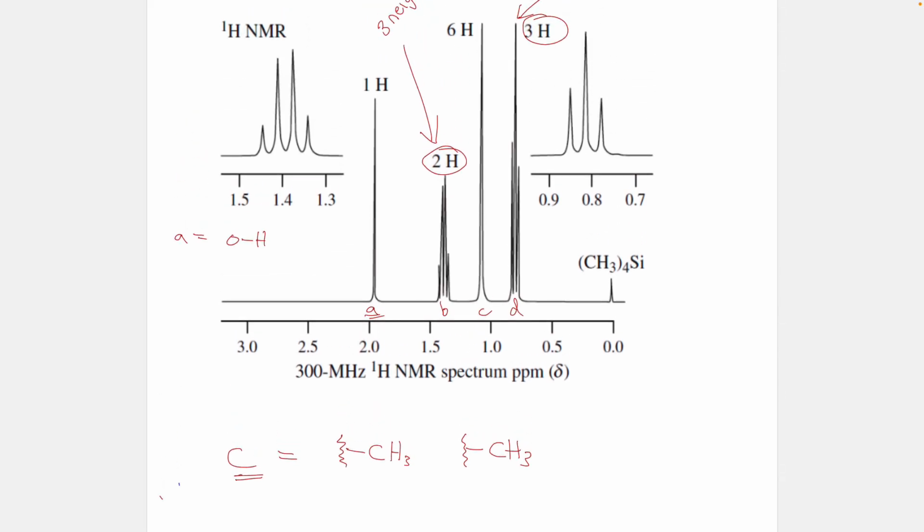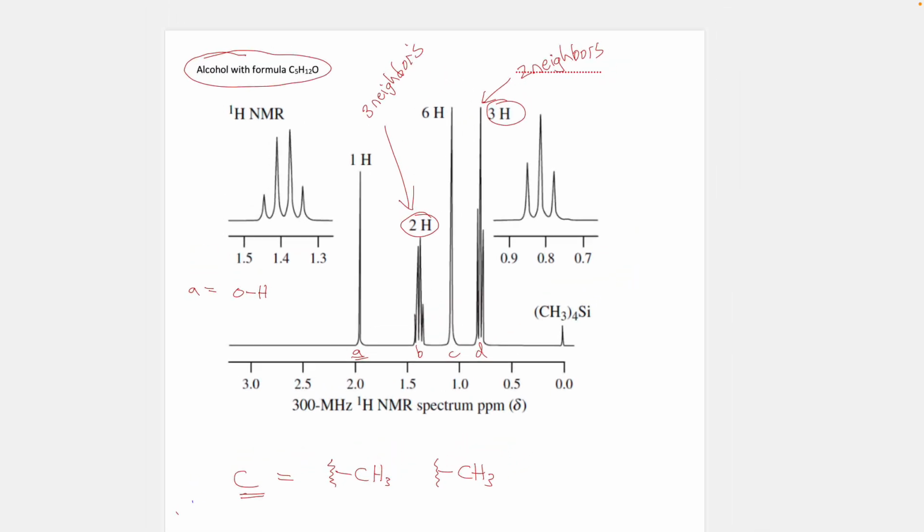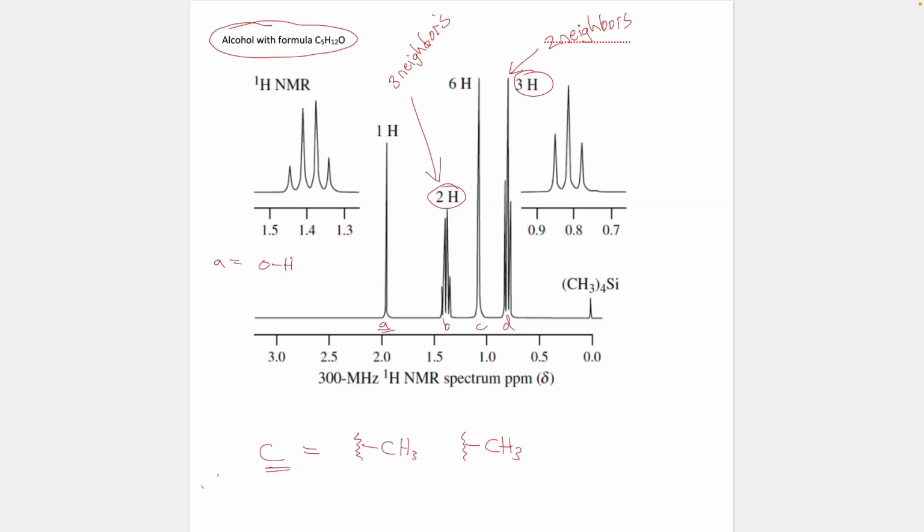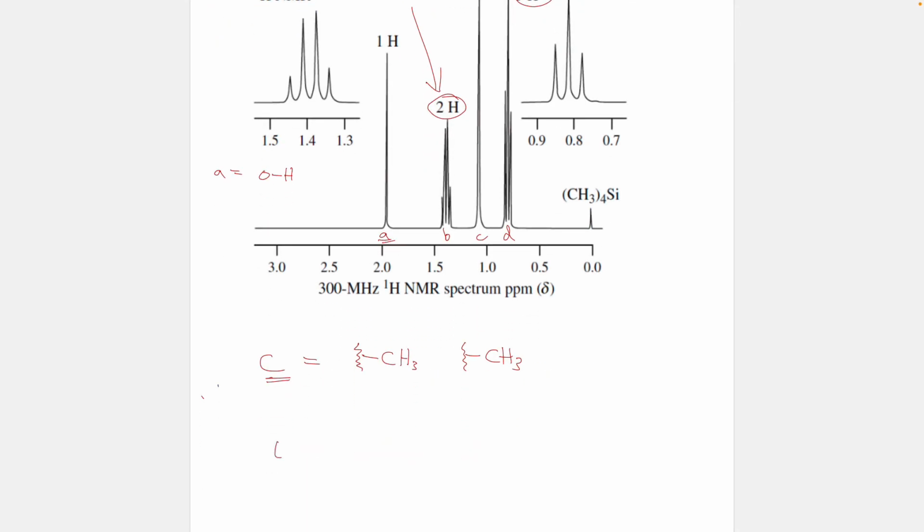All right. Let's look at this B and D pattern. So B and D are this collection of 2 signals. 2 H's here that have 3 neighbors. So that's like a CH2 that's next to a CH3. That's what that's telling me. So signal B is a CH2 because it's got 2 H's. I'm going to draw that a little better.